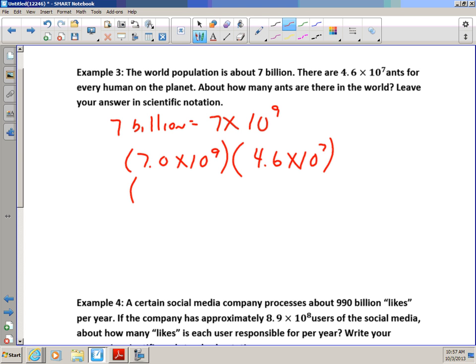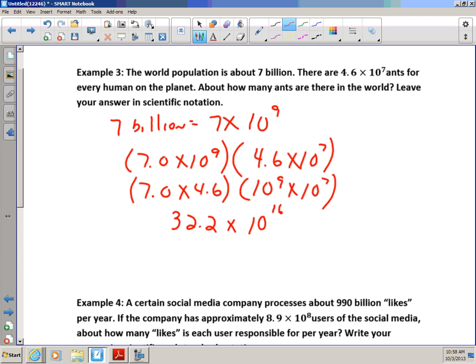I can then mix and match the parts. I can multiply 7 times 4.6 to get 32.2. Add my exponents. And hopefully you realize that I'm not done, because 32.2 is not proper scientific notation. Since I moved 1 to the left, I add an exponent and get my final answer.